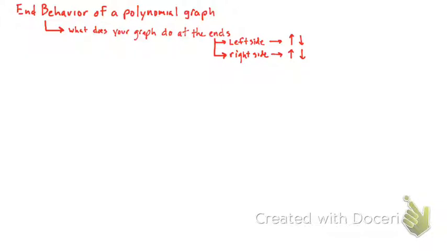And to figure this out, we're going to use the actual polynomial equation. The first thing we want to look for to find end behavior, obviously we're going to need a function, but we are going to look for the coefficient, or what we call the leading coefficient.